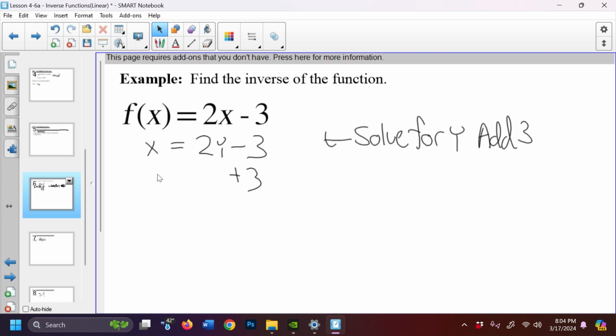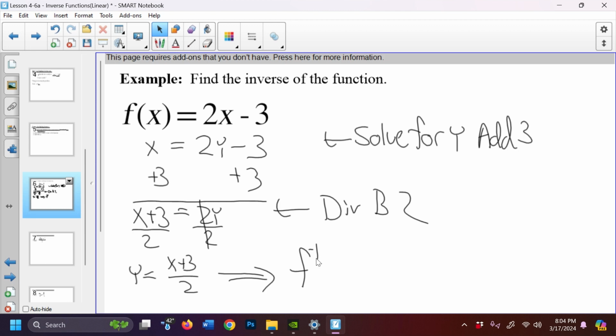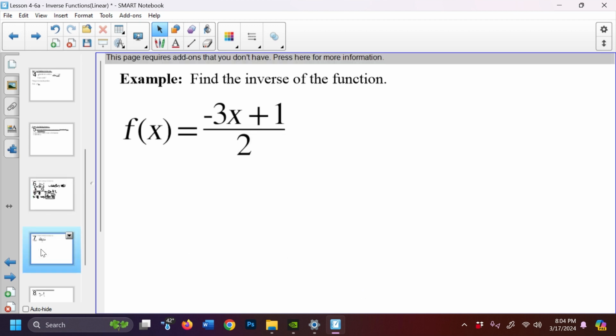These are unlike terms, so I've got x plus 3, and then I have 2y over here. Here we will divide by 2. When I divide by 2 on both sides, I get y is equal to x plus 3 all over 2, and then for our final answer, we'll change this y into f inverse of x is equal to x plus 3 all over 2. All right, next example.